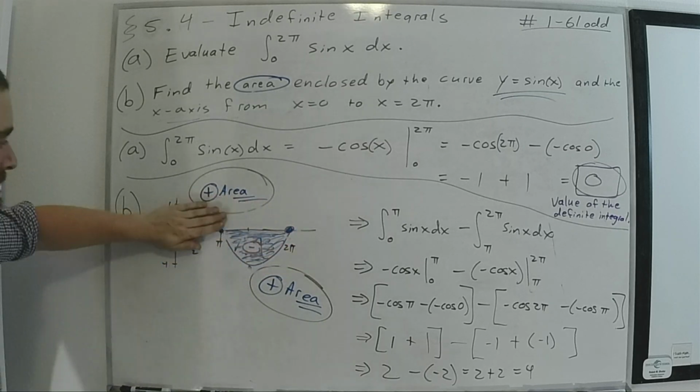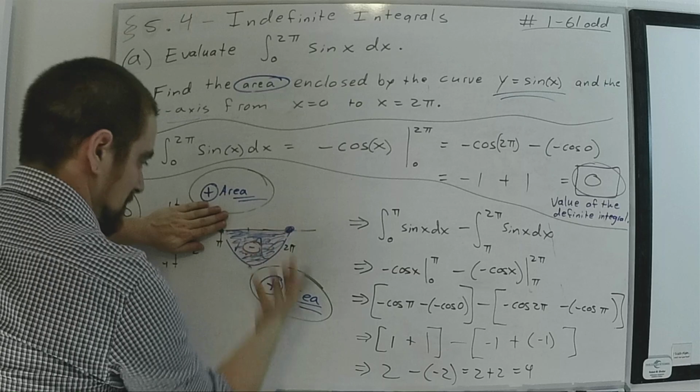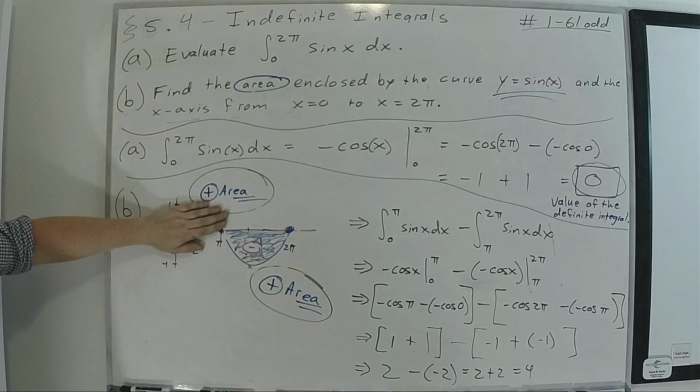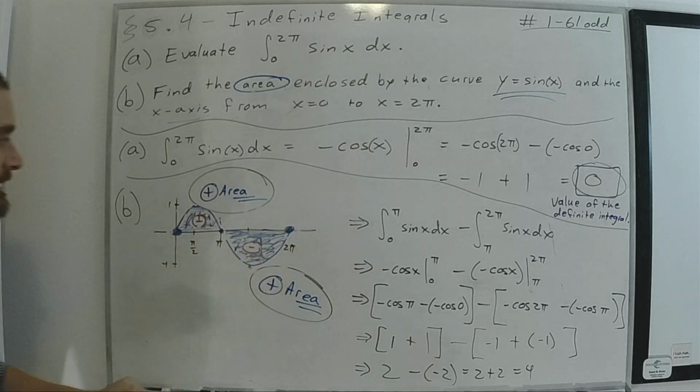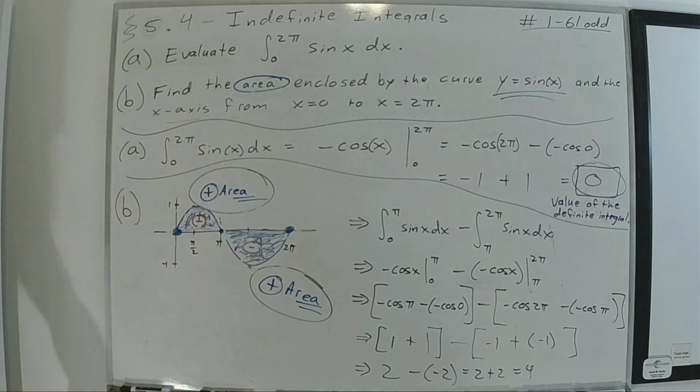If I just swept from pi to 2 pi, I would get a negative number, and that would not be nice. But if I go from 0 to 2 pi, I get some positive, some negative, then I need to do some adjusting. I need to be able to adjust a little bit so that I pick up nothing but positive area. So the negative stuff has to be negated, or take the absolute value of. That's another way of doing it as well.